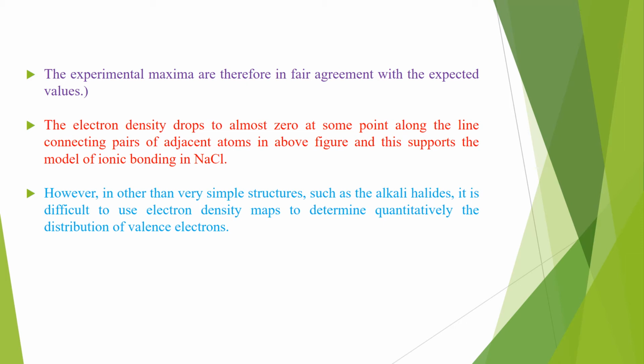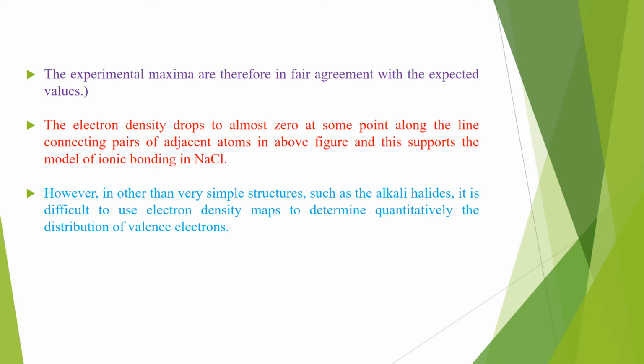The electron density drops to almost zero at some point along the line connecting a pair of adjacent atoms in the above figure, and this supports the model of ionic bonding in NaCl.